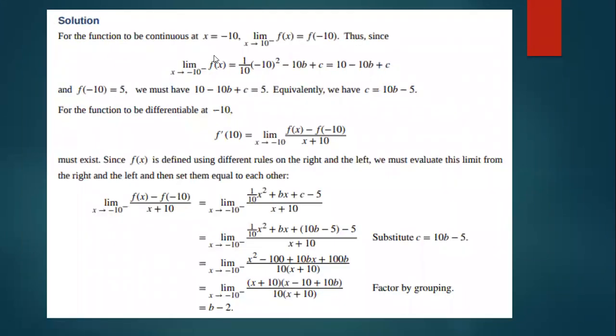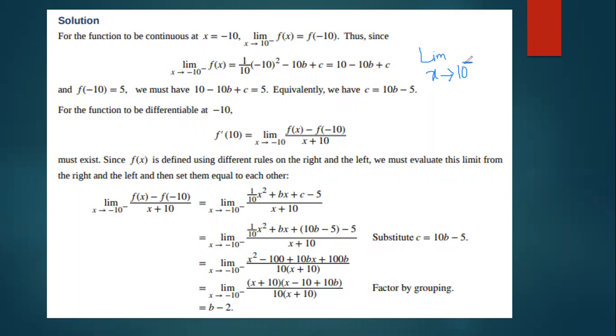Okay, so for this one, we have to know that my function will be continuous at minus 10. So it will be written as the limit as x approaches negative 10, and the negative sign goes upward.